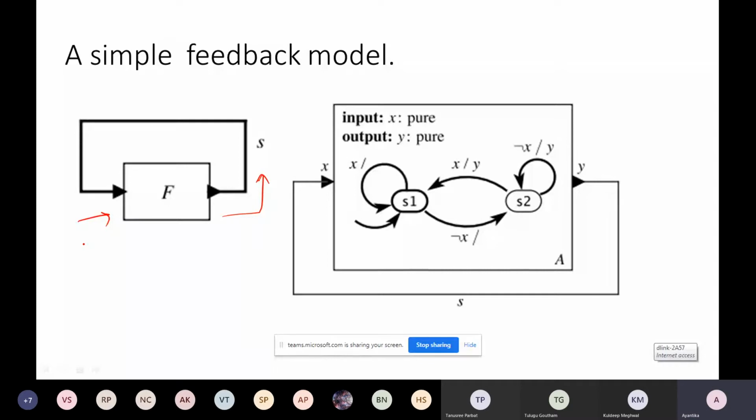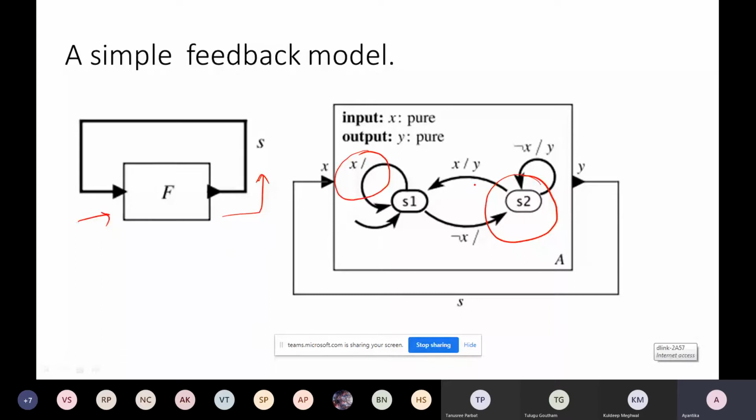We will think about two states, maybe according to the working policy of this block F. There may be one or many intermediate states between S1 and S2, but we are just considering these two states, where in one state we consider the effect of input, and in the other state we consider when there is no input.